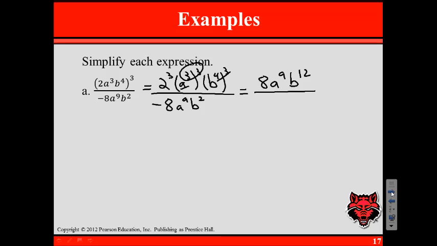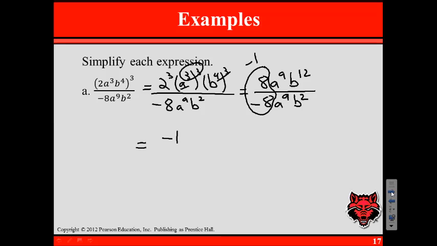Again, so far we haven't done anything with the denominator because so far there hasn't been anything that needs to be done. Now at this point we can start simplifying our numerical coefficients and also using our quotient rule to combine exponents. We have 8 divided by negative 8, and 8 divided by negative 8 becomes negative 1. So we have negative 1.